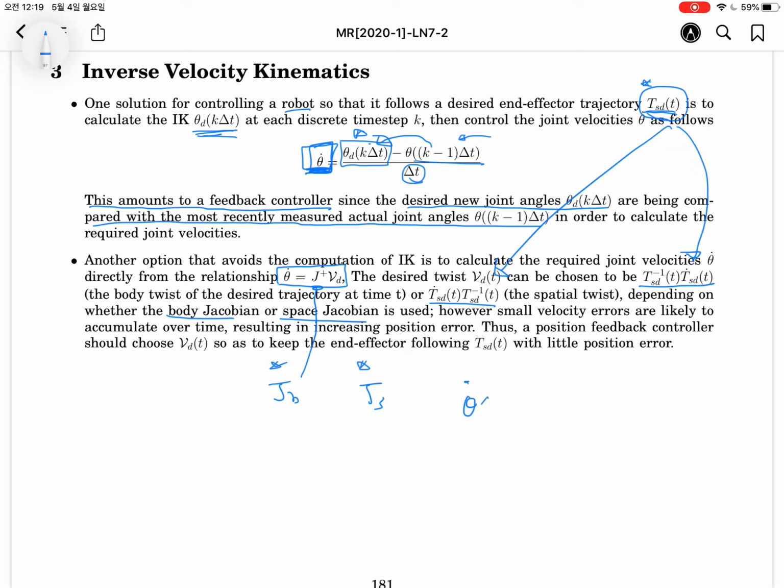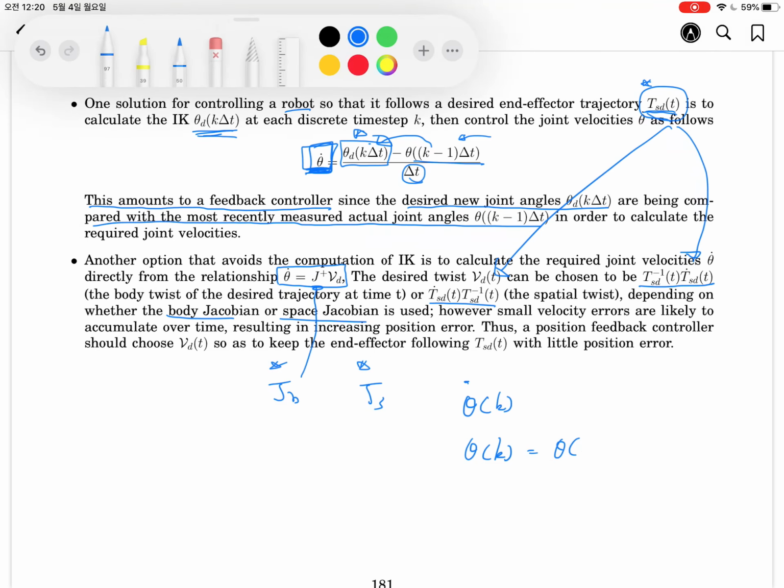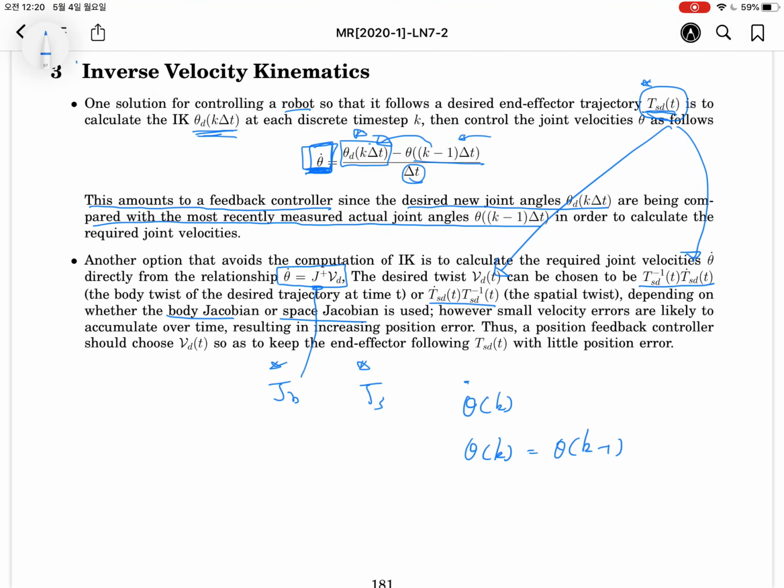This theta dot should be integrated to obtain the theta. So for a given theta dot, theta can be obtained. The previous theta plus the current theta dot at step k, multiplied by delta t, gives the new theta k from the previous theta.